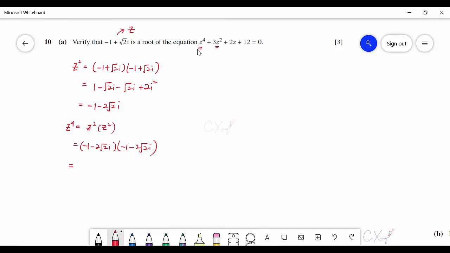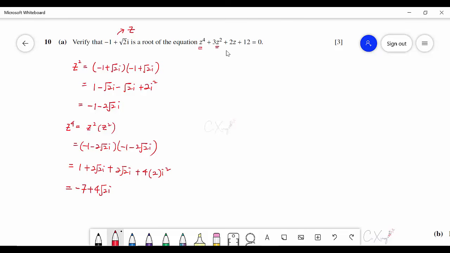Again you expand the bracket: -1 multiplied by -1 gives 1, then plus 2 square root 2i plus 2 square root 2i, and then plus 4 multiplied by 2 multiplied by i squared. Simplifying, i squared becomes -1, so you have 1 minus 8. 1 minus 8 gives -7 plus 4 square root 2i. So I already have z squared and z power 4.